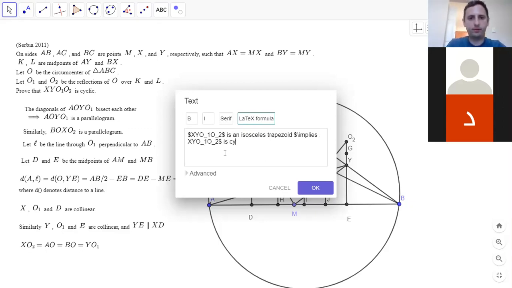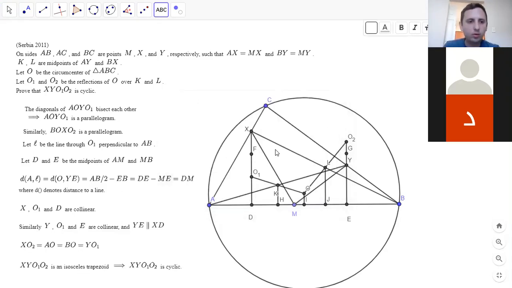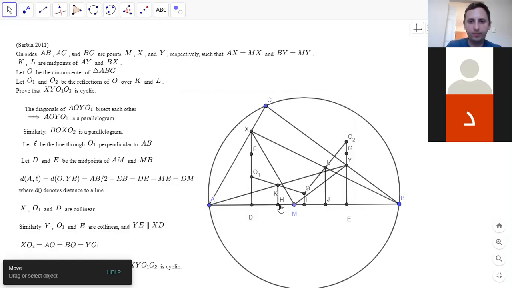All right, let's see if we can finish off the last problem. Let me just check that I wrote this out all right. We don't need H, I, and J, so let me delete them.